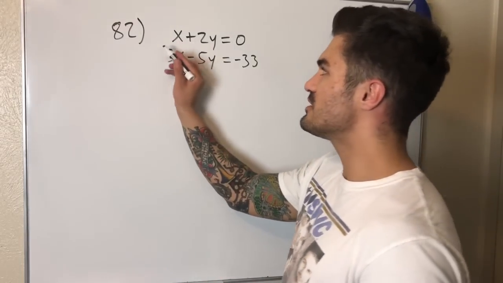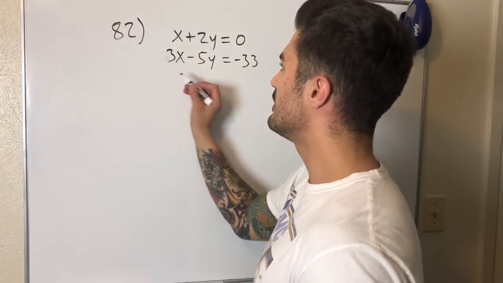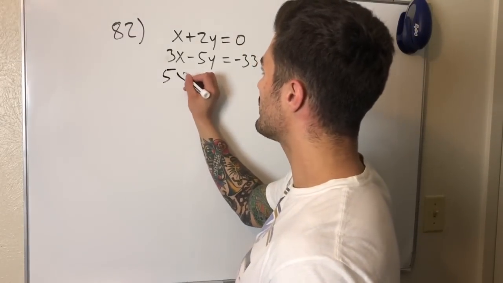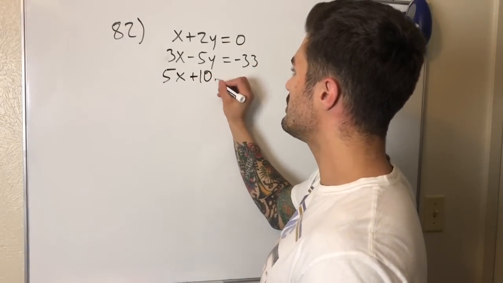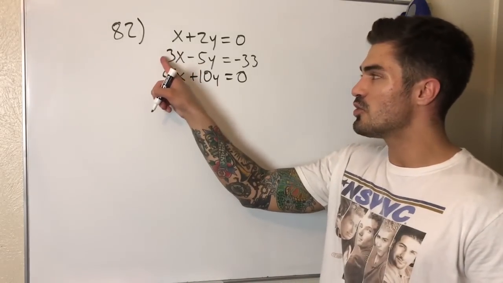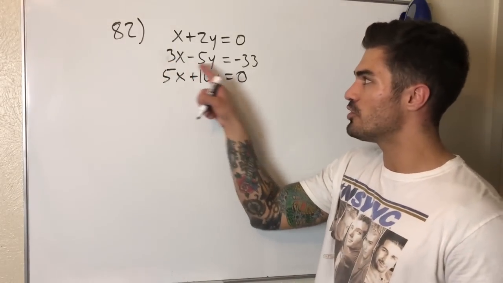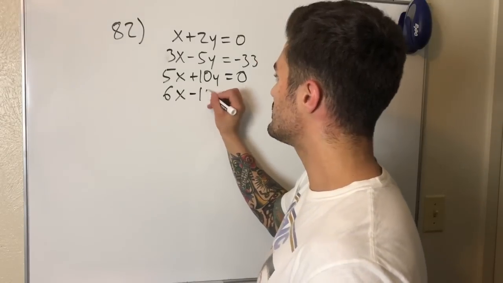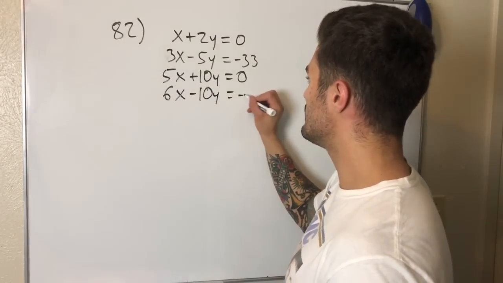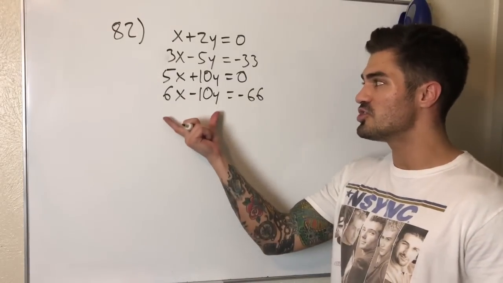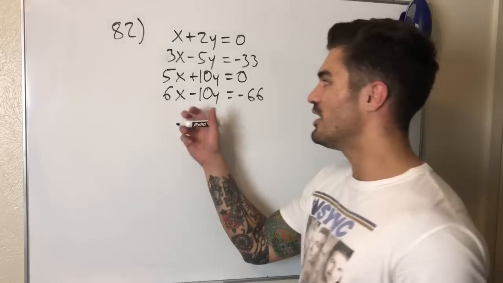So if I take the top equation down here, and I multiply everything by 5, I get 5x plus 10y equals 0. And then if I take the second equation, and rewrite it and multiply everything by 2, I get 6x minus 10y equals negative 66. All right? Now I do my elimination. I just add down, 11x.